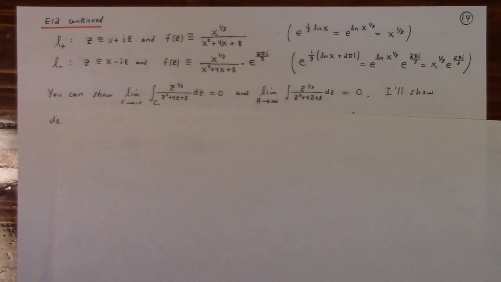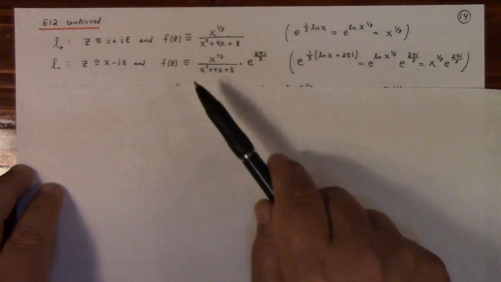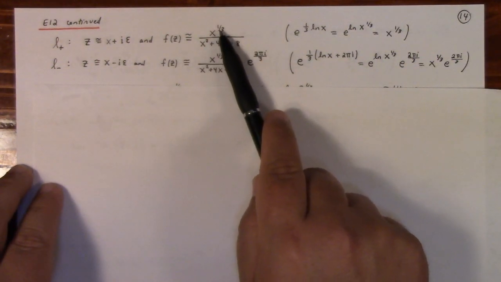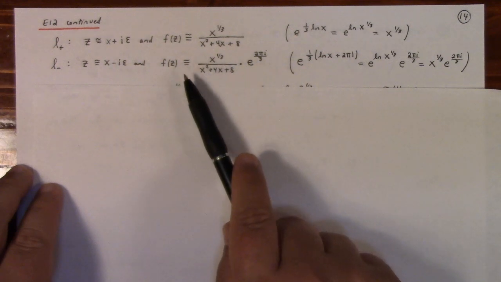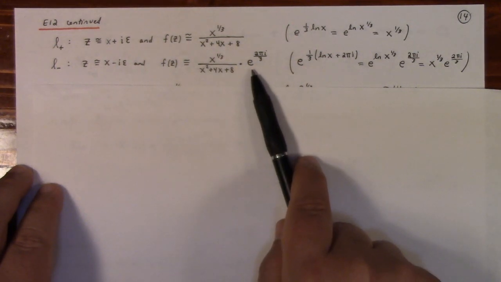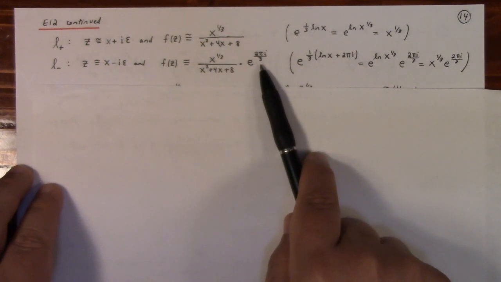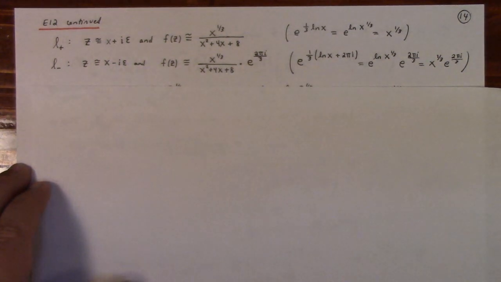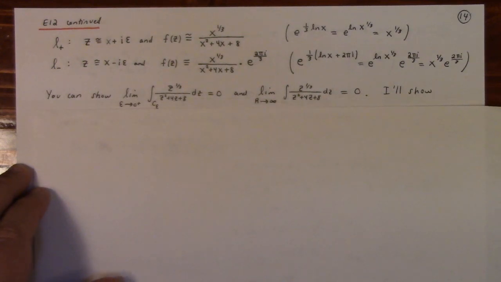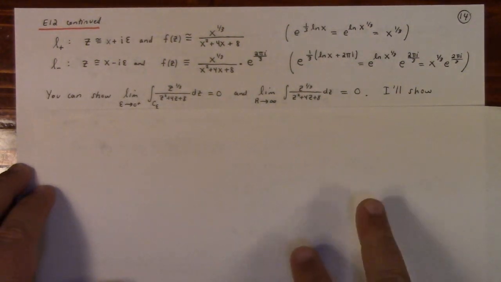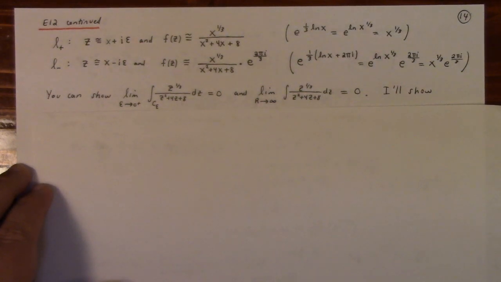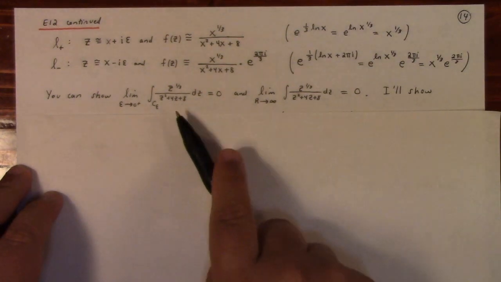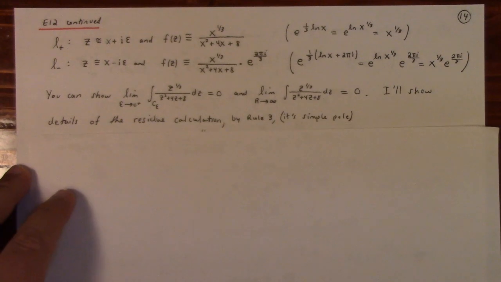On L plus, f of z is essentially x to the 1/3 power over x squared plus 4x plus 8. On the other hand, on L minus, you get this phase factor from the logarithm. Having angle 2 pi, you end up with a 2 pi I over 3 because of the third root, and then x to the 1/3 over x squared plus 4x plus 8. So there's no x and minus x here because they're both really close to the positive axis. They just have different arguments when they're a little bit below versus a little bit above. And the integrals over the inner and the outer loop both go to 0. I'll let you see the details of that.